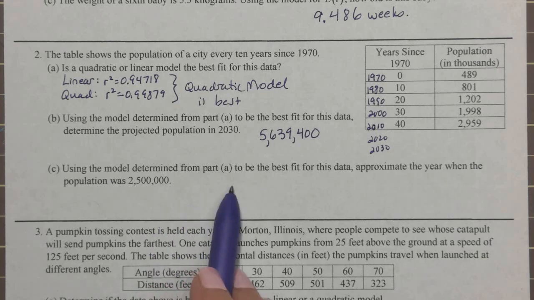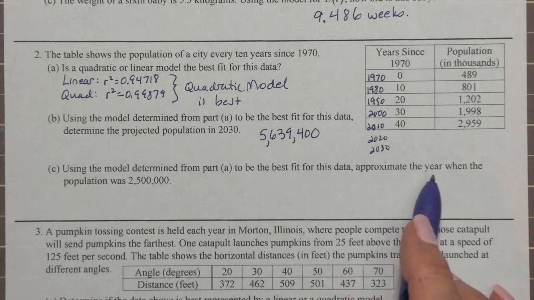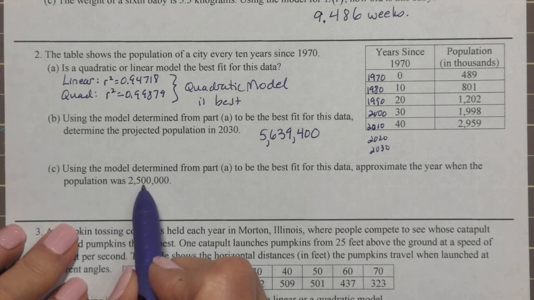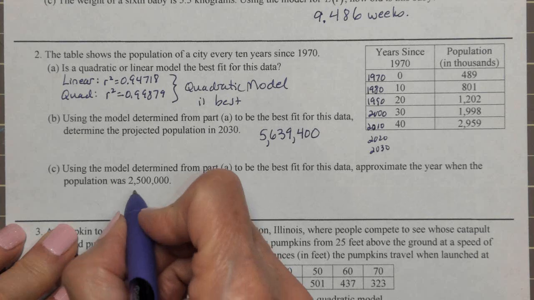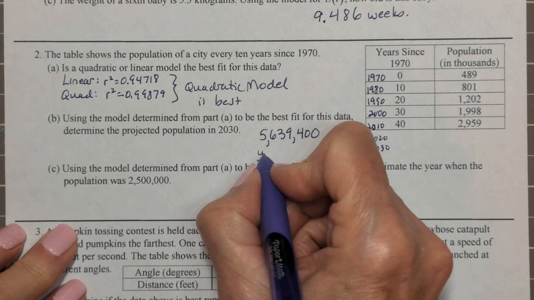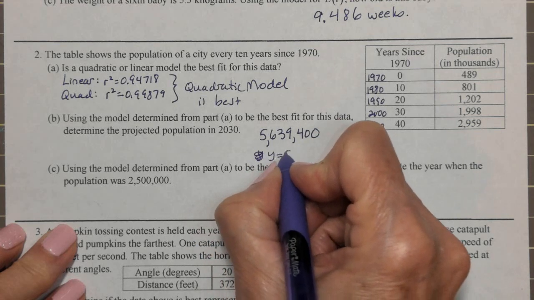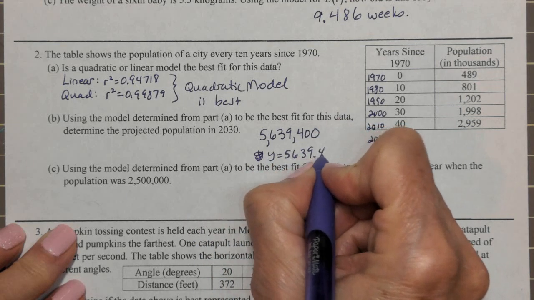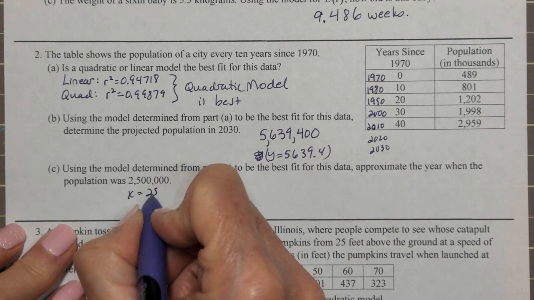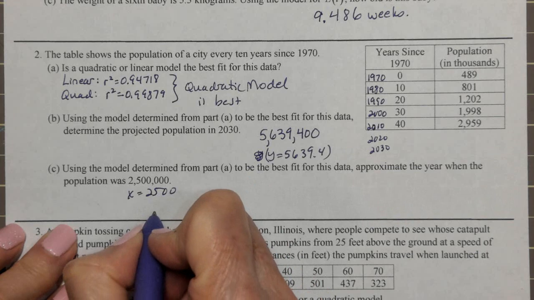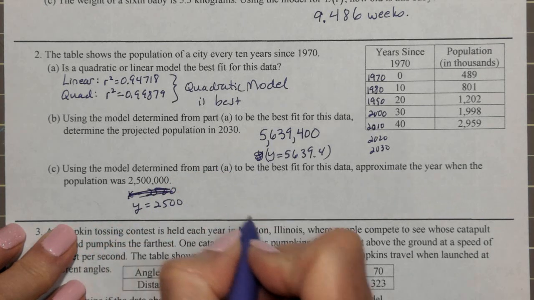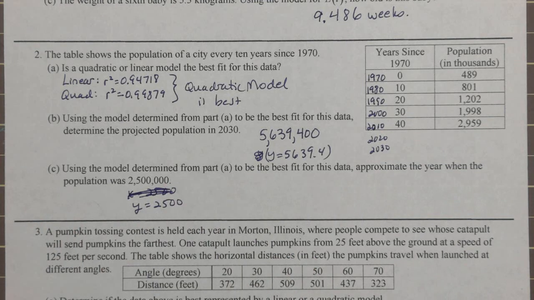Using the model determined from part A, approximate the year when the population was 2,500,000. So I'm going to be looking for, in fact here I might say y was equal to 5639.4, just for the sake of your notes. Here I want y to be 2,500. I want y to be 2,500.